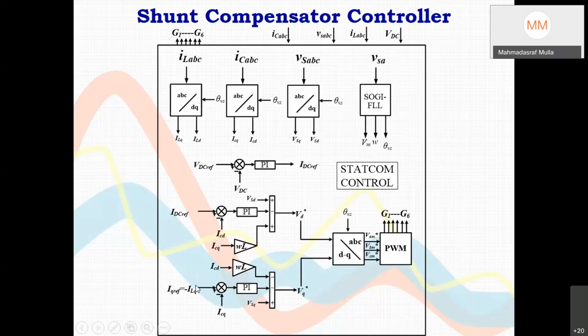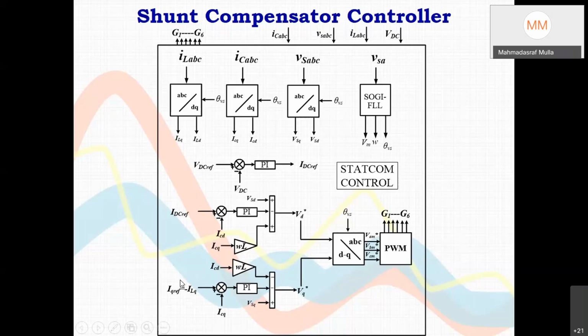So if load is inductive, I need to supply capacitive. If load is capacitive, I need to supply inductive. So after performing DQ conversion of load current, whatever ILD will come, we will give IQ reference as minus of that value. So if it is inductive, from here it should be capacitive. If it is capacitive, from here it should be inductive.